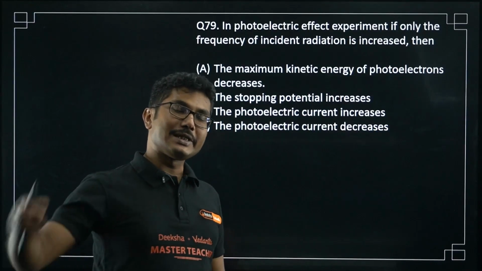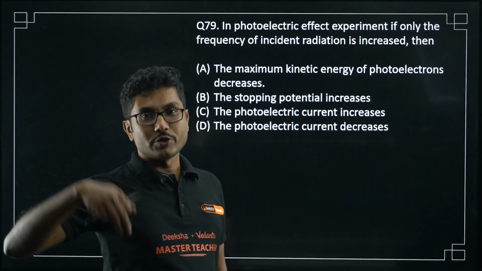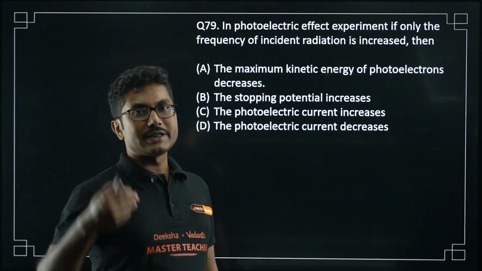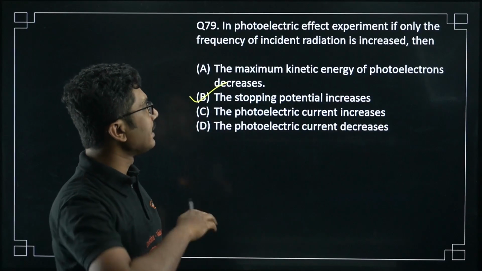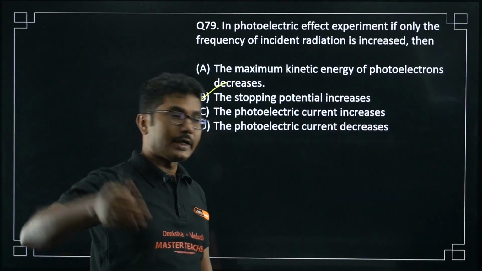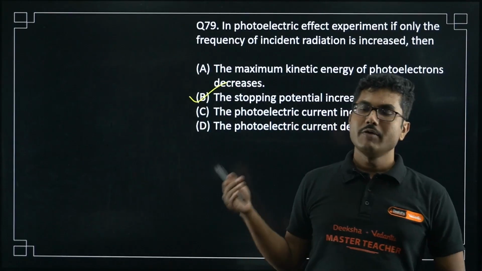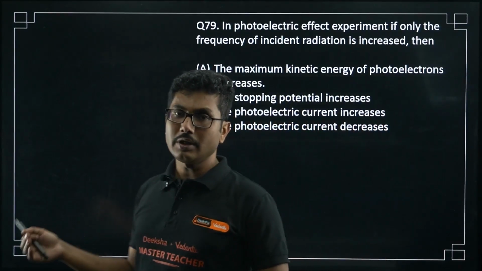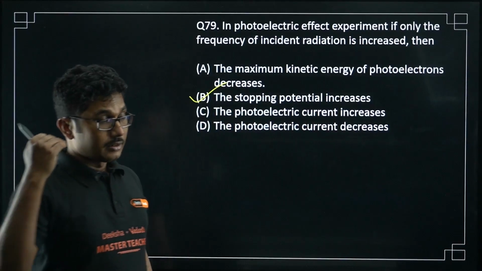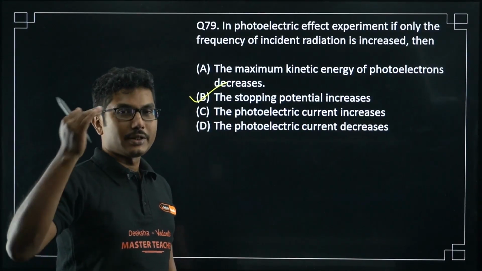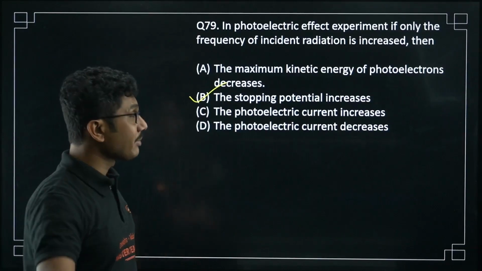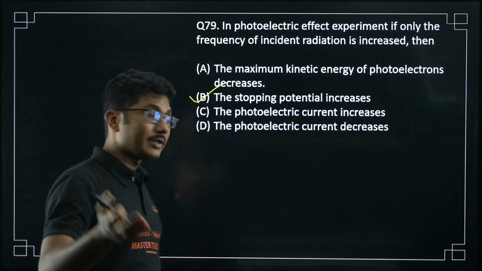Stopping potential is basically the maximum kinetic energy, so if maximum kinetic energy increases, stopping potential increases. So this is the correct answer. Photoelectric current decreases? Photoelectric current is independent of the frequency, it depends only on the intensity of light. Whereas the stopping potential and the maximum kinetic energy are dependent on the frequency.